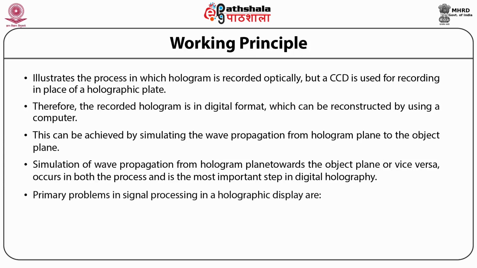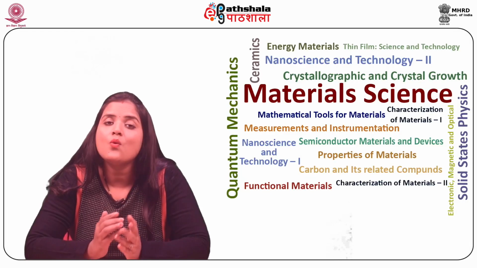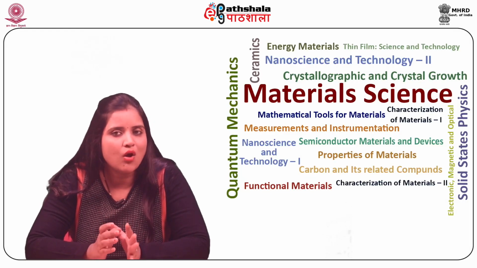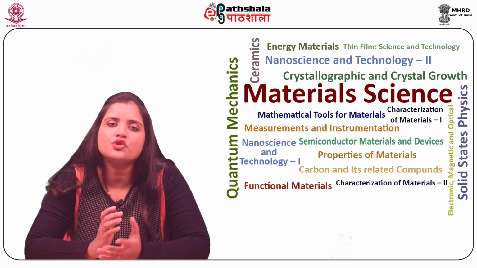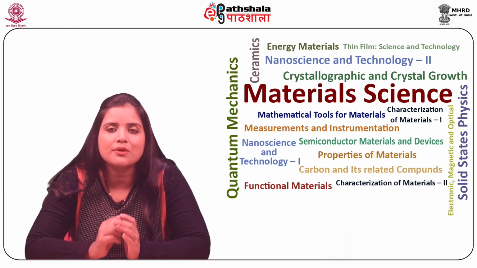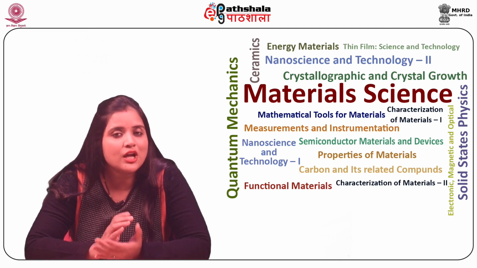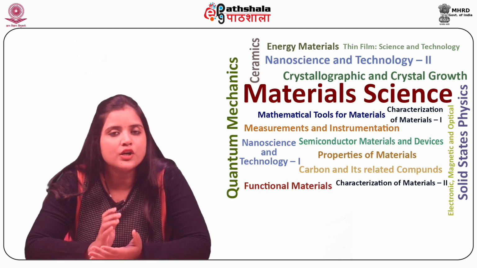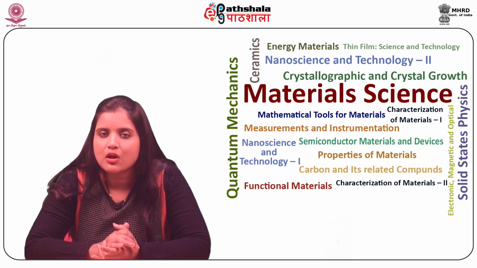So, the primary problems in signal processing in a holographic display are: first is the forward problem and another one is the reverse problem. Forward problem involves computing the distribution of light field arising over entire three-dimensional space from the three-dimensional object or feature to be holographed.